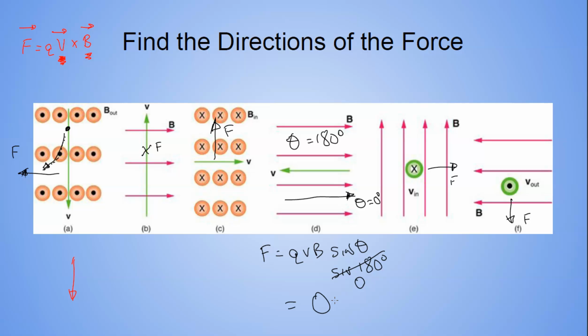Now, I wanted to do one where the angle was not 90 degrees. All of these were 90 degrees except for this weird one here. Let's say that my magnetic field points that way. And let's say that my velocity, well, no, it still wouldn't work. Let me draw it.